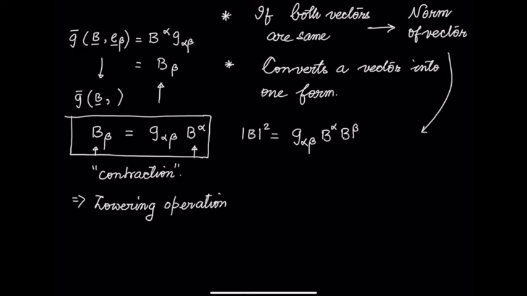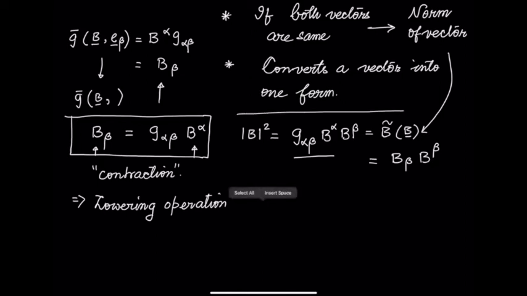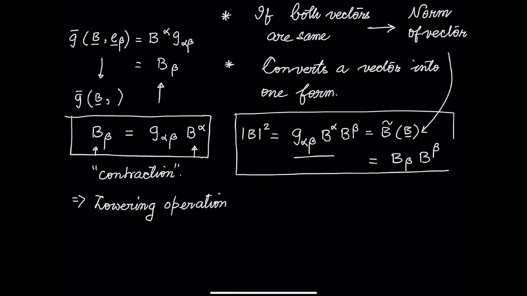And if you remember, I could have also gotten it this way, and I can write these two together as B beta. So I can write the same thing like this also. This is interesting, writing the same thing in many different ways.